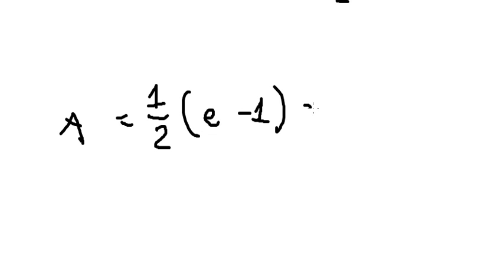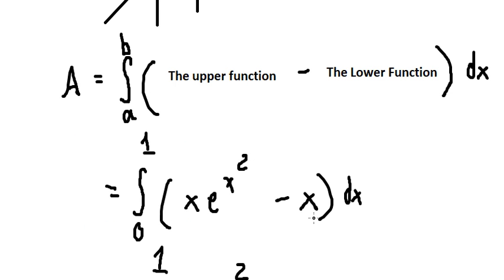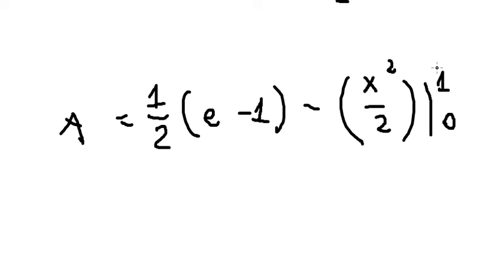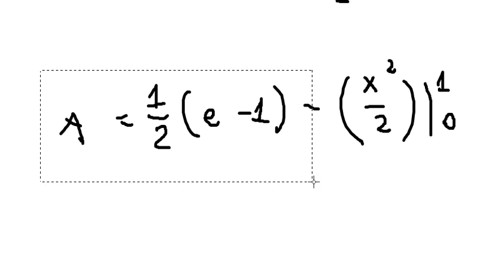Next, we need to subtract the integration of s, which is s squared over number 2, and we put the bounds from 0 to number 1. So I will put number 1 in here and number 0 in here. Now we have it like this.